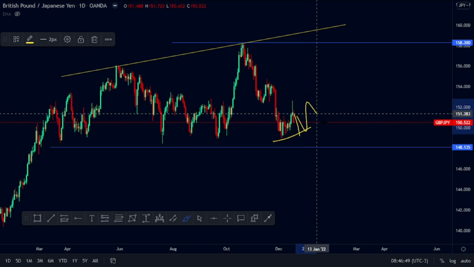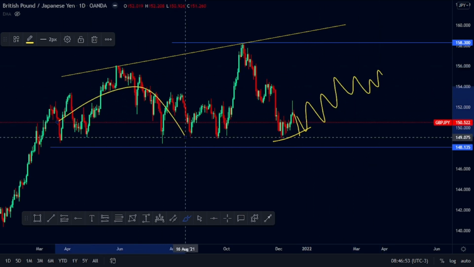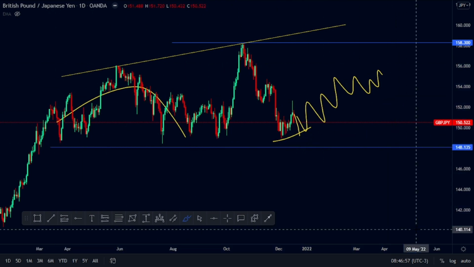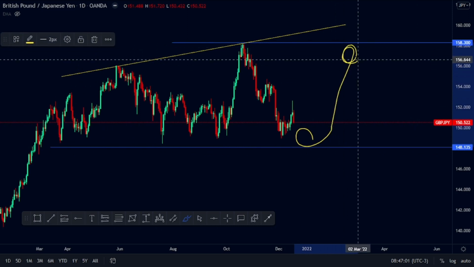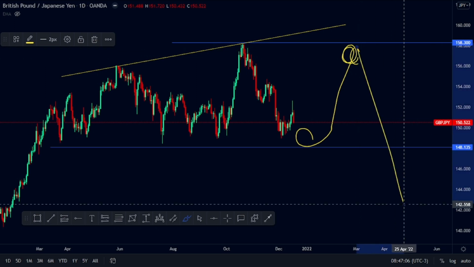So we want price to give us what? That right shoulder here to give us a strong confirmation of a strong reversal of that selling bias. So basically meaning currently looking for what? For a short-term buy up until this area, and from here we'll see how price is going to react in order for us to take it to the downside.